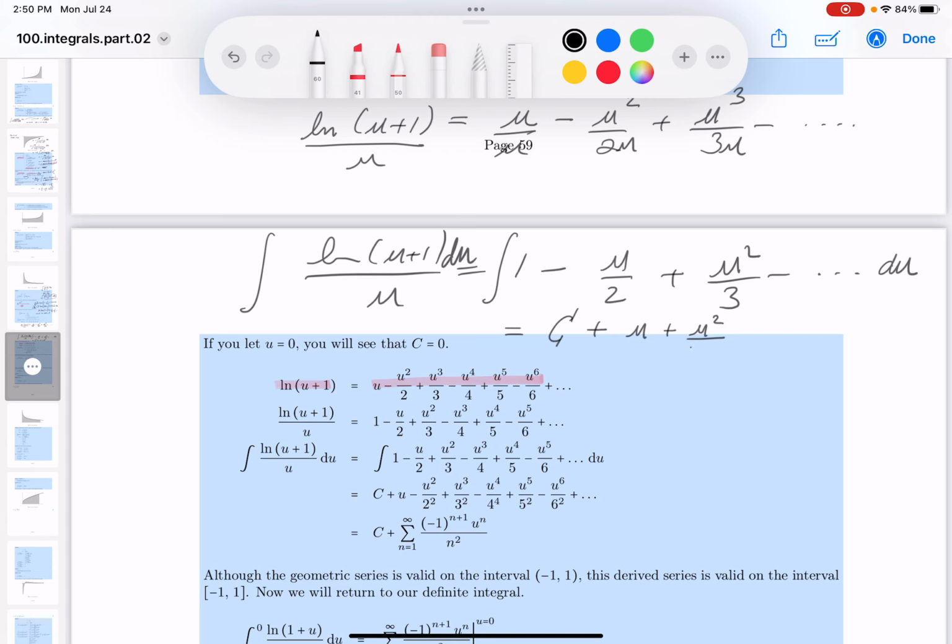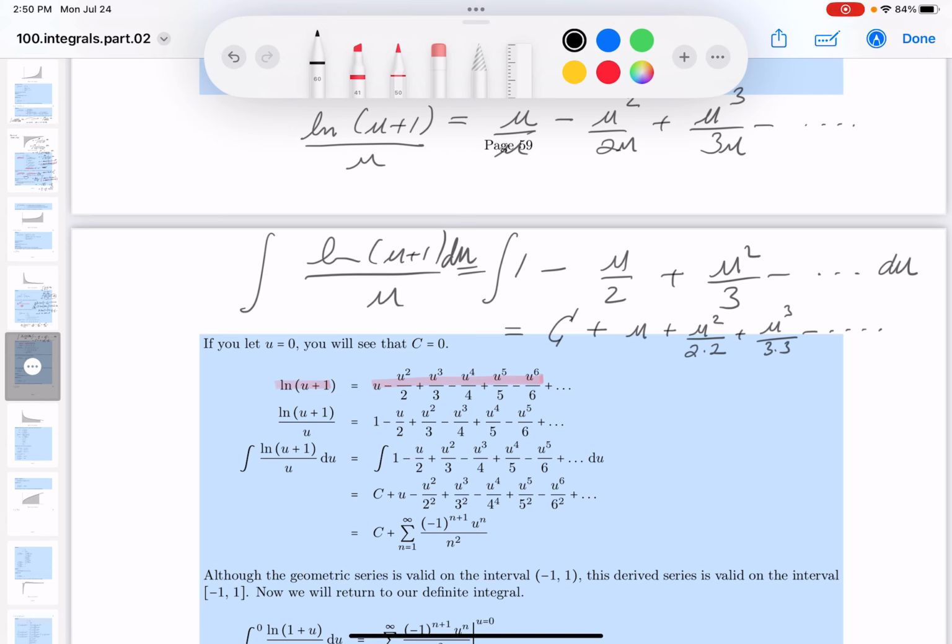I'm just going to say 2 times 2. Plus u cubed, 3 times 3. I think you get the idea. All right? So we got a series at least for our integration.